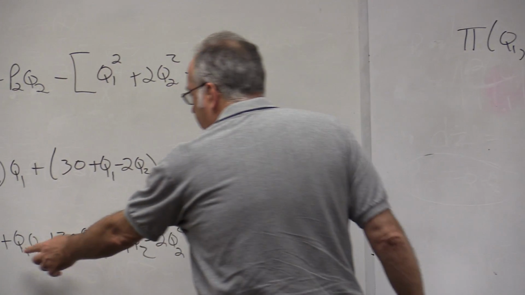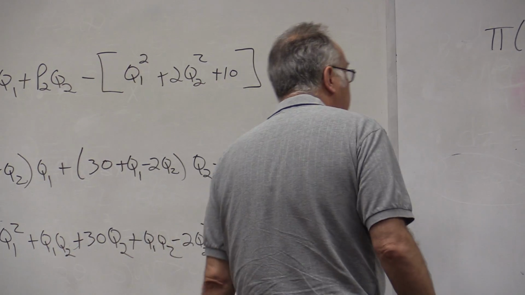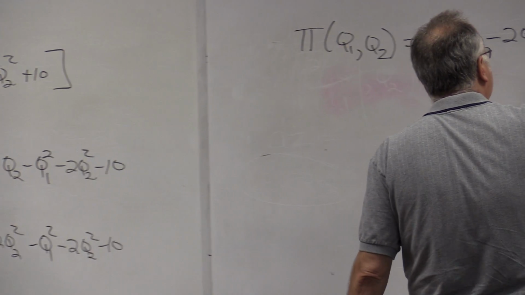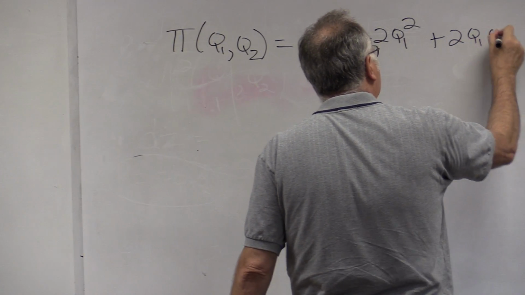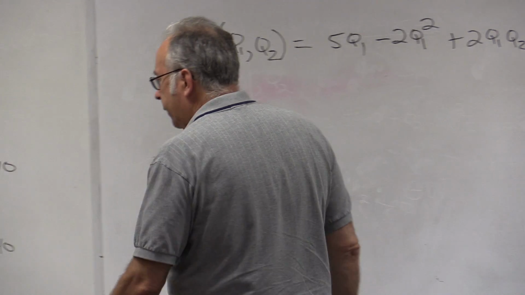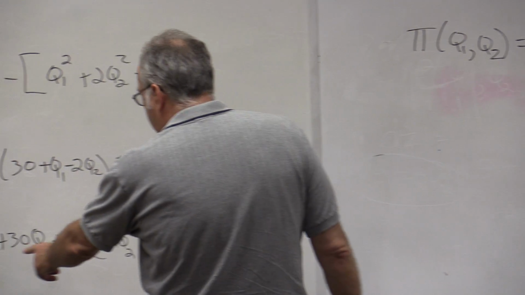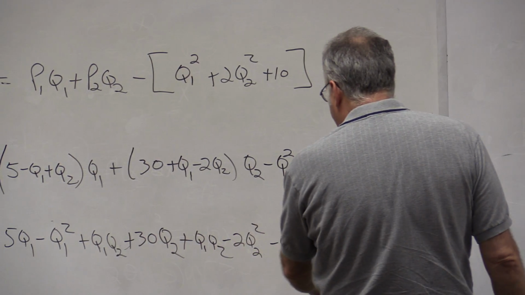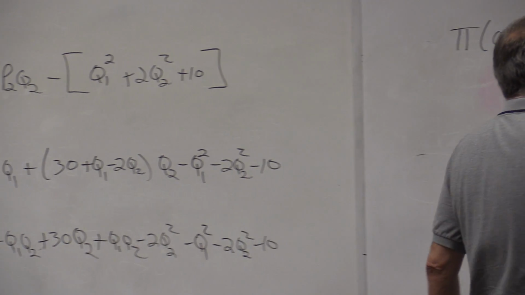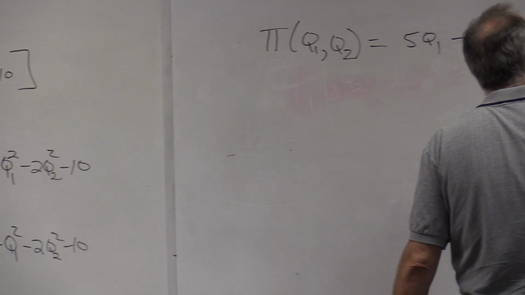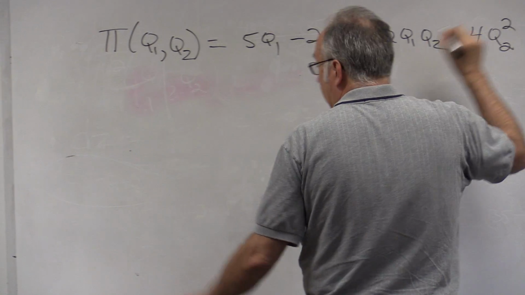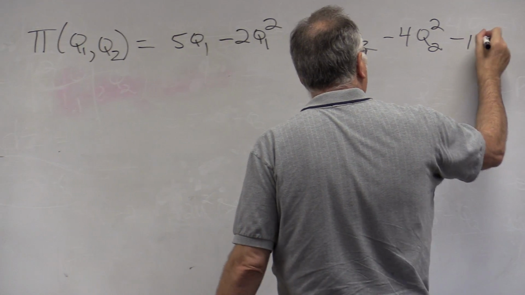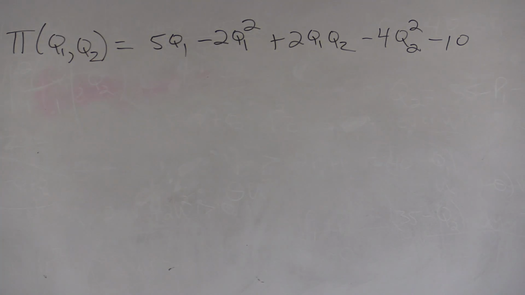We have a Q1Q2 and another Q1Q2, so it's plus 2Q1Q2. And then what else do we have? We have a minus 2Q2 squared minus 2Q2 squared, so it would be minus 4Q2 squared. And then we have our minus 10. Okay, so it's simplified rather dramatically, did it? That's really the hardest part of the problem.